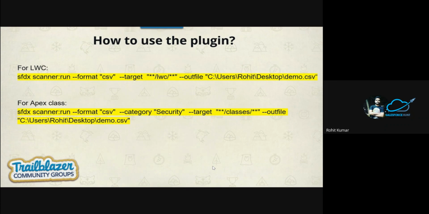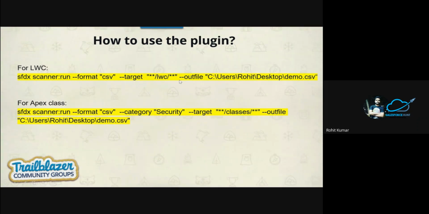Okay, now you can specify the format of the output as XML, JUnit, CSV, or table format. You can print the output to the console or to a file using the hyphen hyphen outfile parameter. Now you can see the hyphen hyphen outfile parameter.